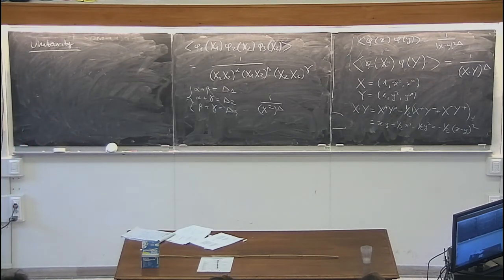This is an extra constraint. We discussed the constraints of conformal kinematics, and now there are going to be some more constraints, more axioms, if you wish, that we also need to take into account. So unitarity is the first one. What can I say about unitarity?